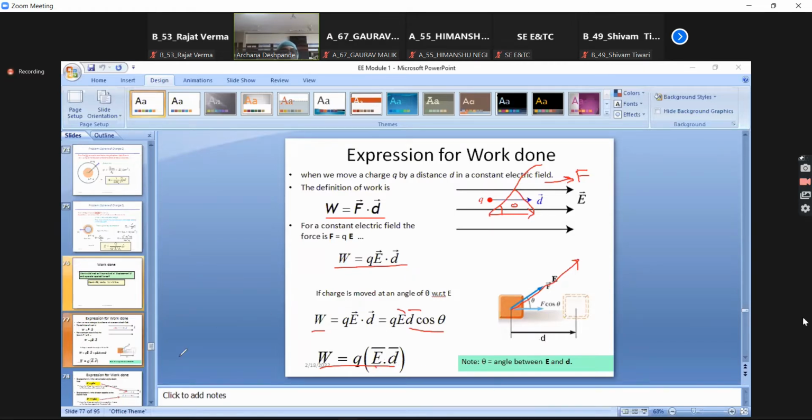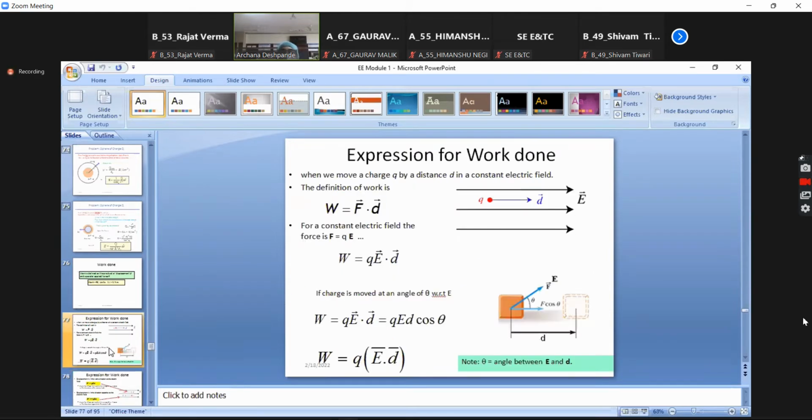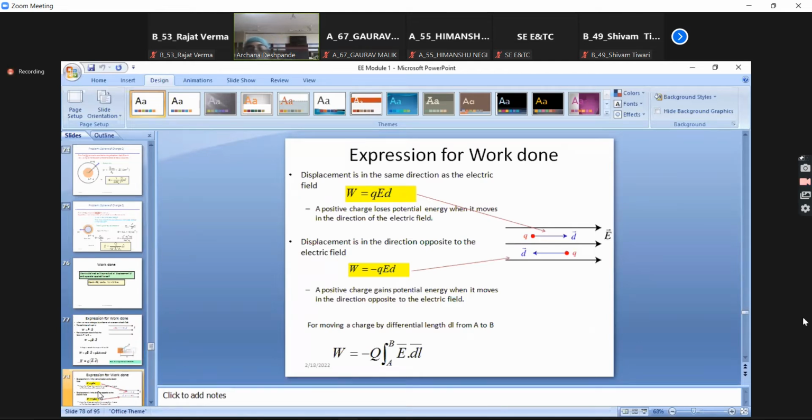Okay, so if this is so, then now I can write down the expression for work done in this way. So if the displacement is in the same direction as that of the electric field, we say that the work done is positive.